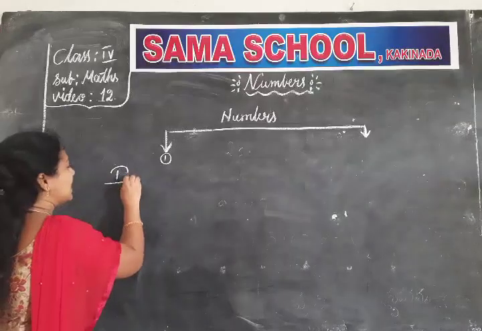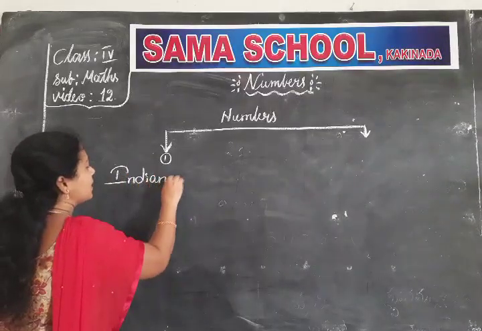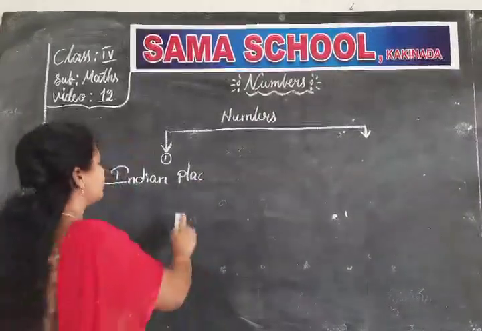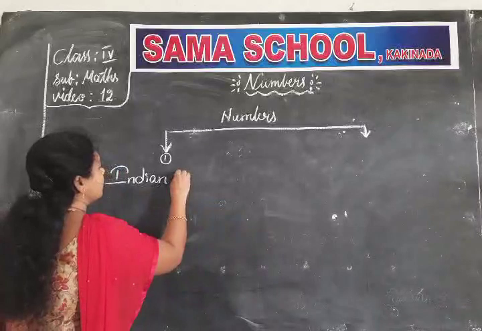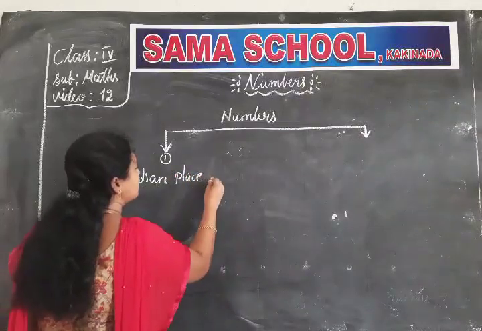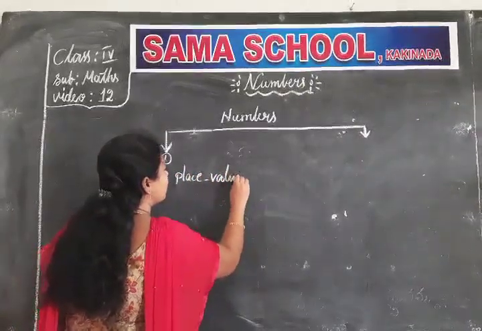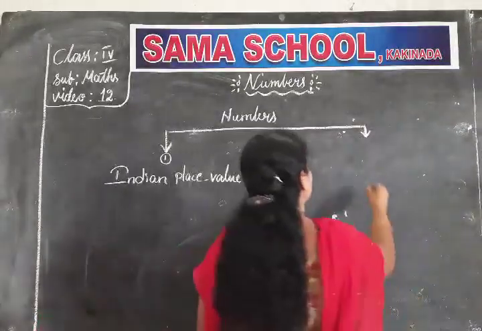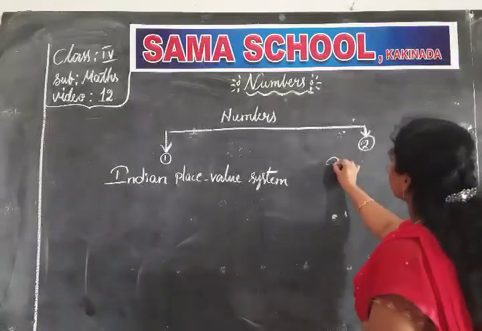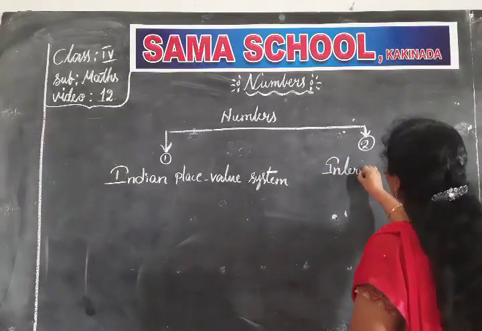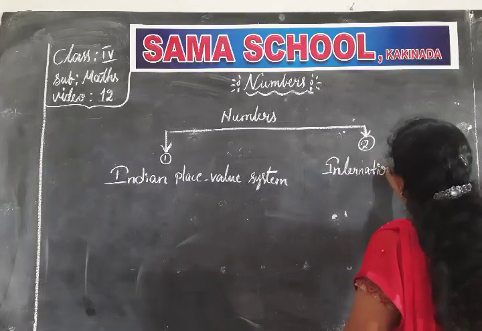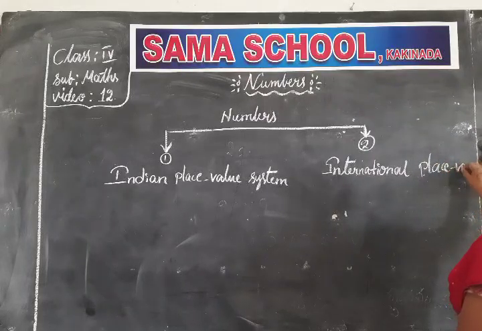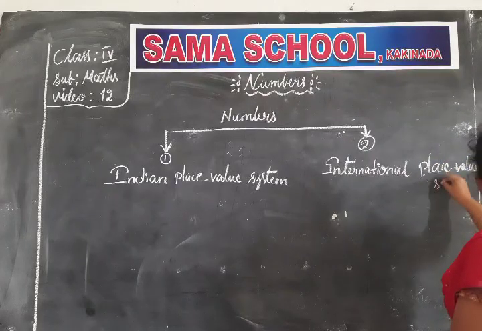The first one is the Indian place value system. The second one is the international place value system.